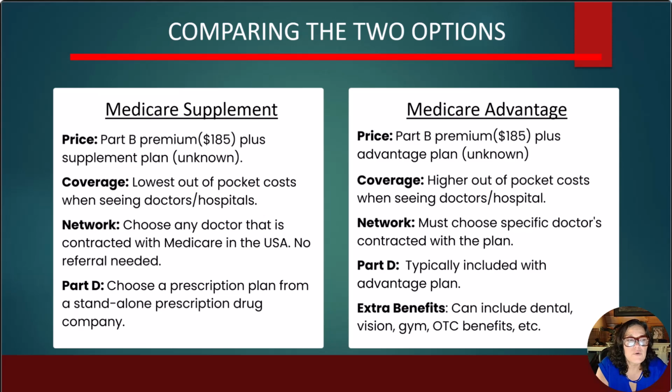They also give you a network across the whole United States. There really are no networks or referrals with the Medicare Supplement Plan. You can choose your doctor, and mostly all doctors take Medicare. You will need a Part D drug plan, and that's this time of year that we're reviewing those. We'll choose one. It's called a standalone drug plan, and we're going to match the plan to your particular drugs.